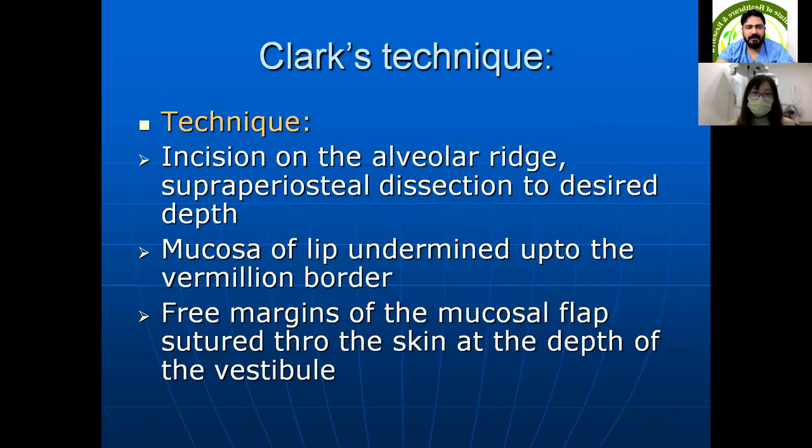In Clark's technique, the technique is incision on the alveolar ridge, supraperiosteal dissection to the desired depth, mucosa of lip undermined up to the vermilion border, and free margins of the mucosal flap sutured through the skin at depth of vestibule.